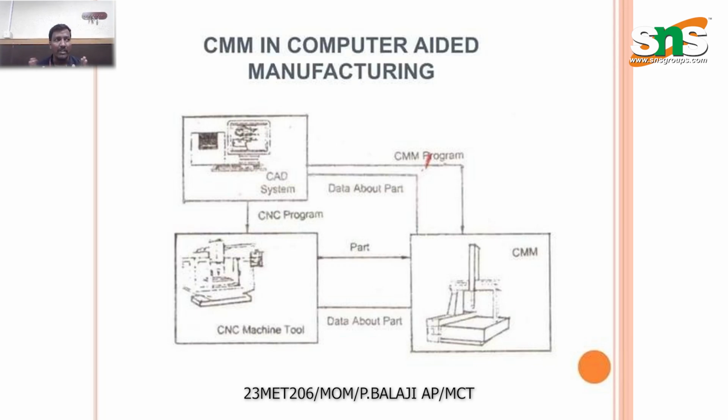Then you compare the data from the CMM and the CNC machine tools. If there are any errors in the comparison, you change the two-dimensional data in the 2D sheets, convert the image in the CMM, modify it precisely, and finally you get the correct data. So this is all about the CMM, and the remaining things you can see in our next video. Okay, thank you.